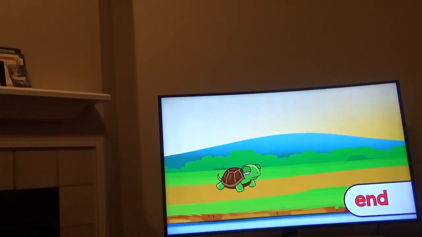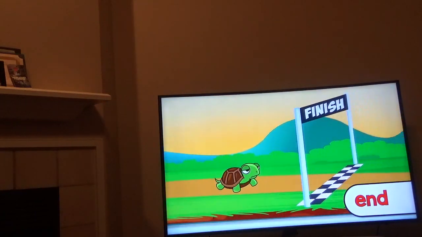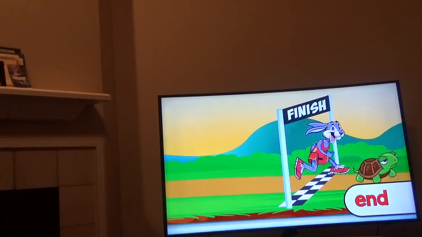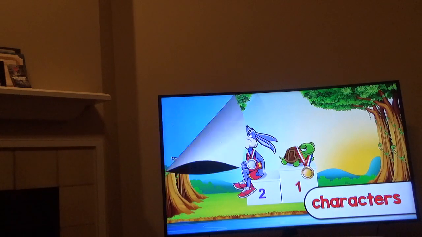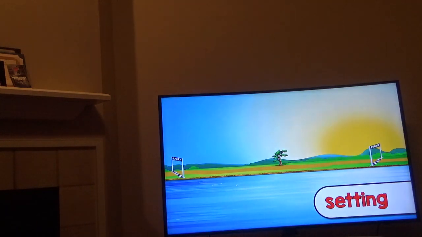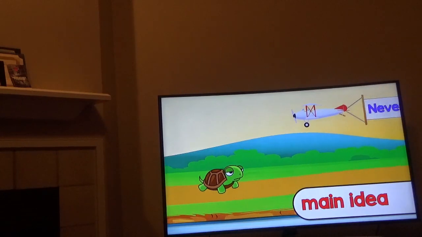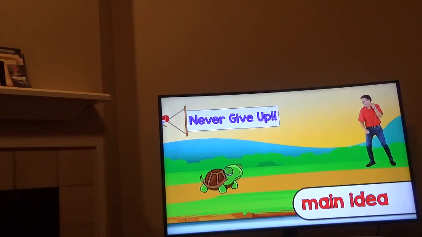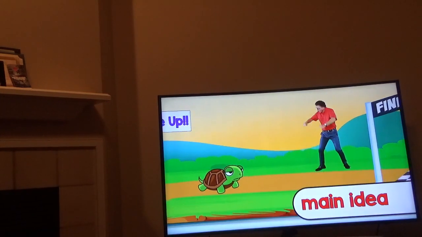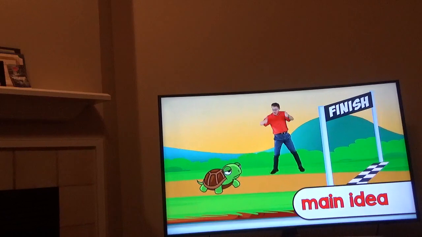The end is the finish of the story. The characters are who is in the story. The setting is when and where it takes place. The main idea is what the story's mostly about. Go, tortoise, go! Never give up! You're a winner!